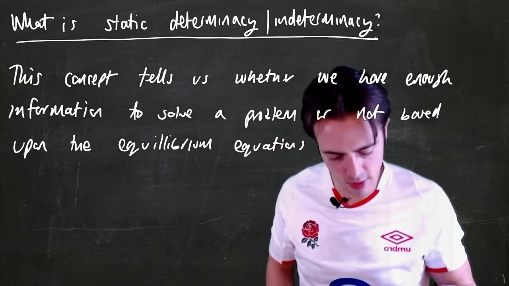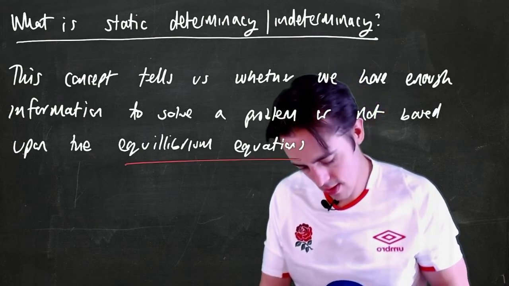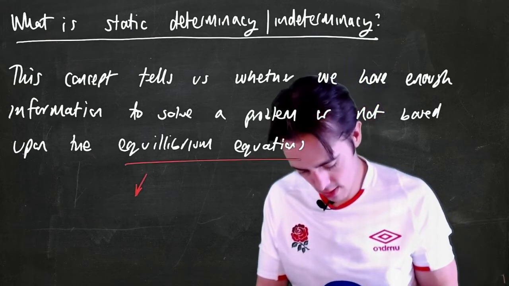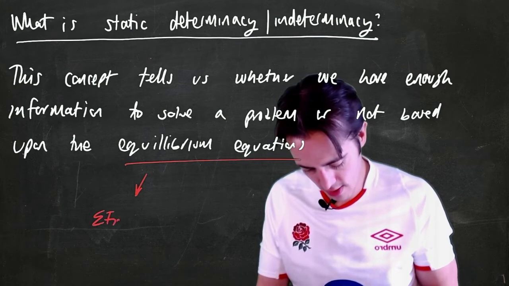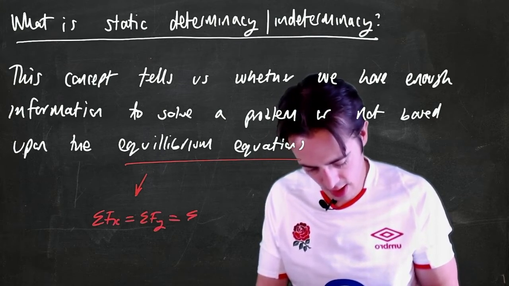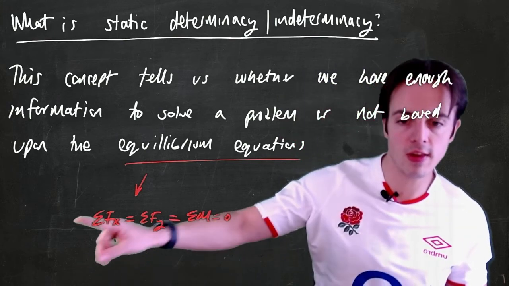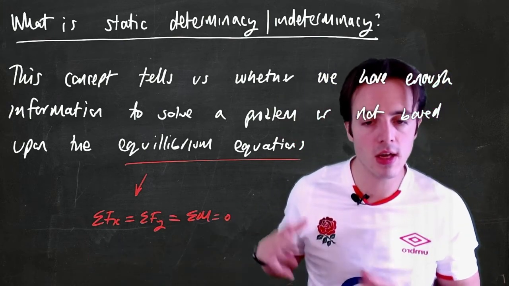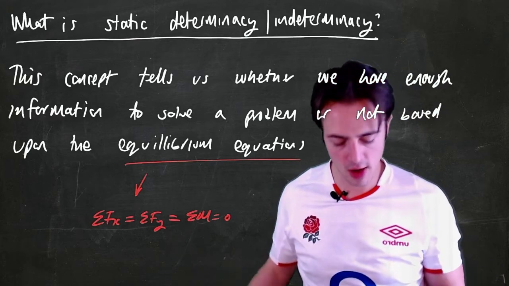Okay, so the equilibrium equations we've got on the entire structure, sum of forces in both directions has to be equal to 0, and the sum of moments is 0. So this gives us 3 pieces of information that help us solve the entire structure.